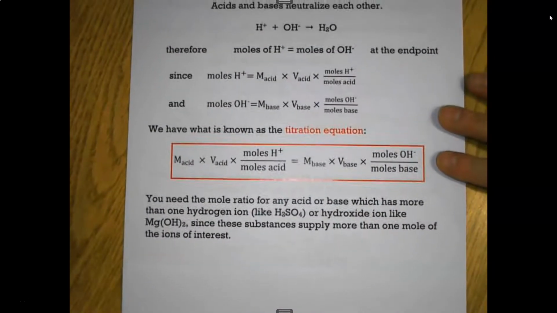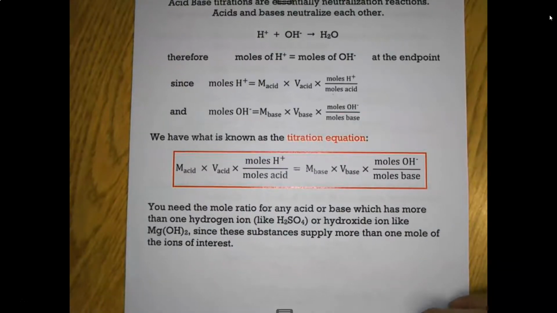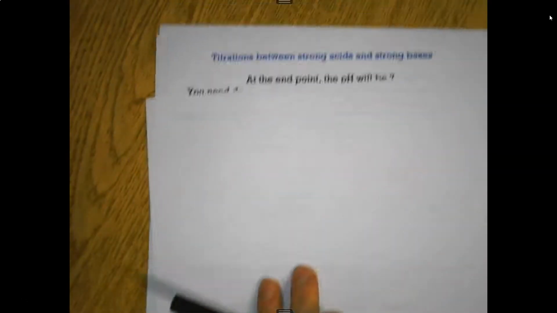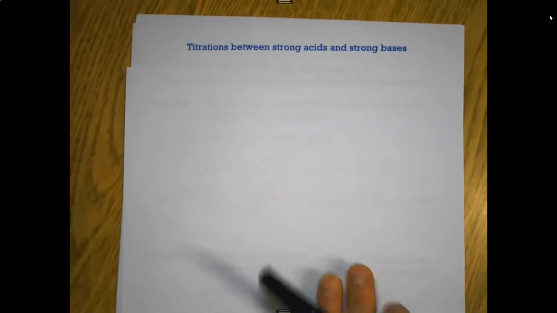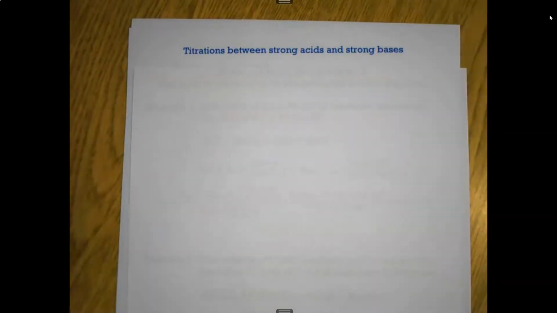What we're going to do now is work our way through 3 different kinds of titrations. The first one is going to be very simple, because the first one is a titration between strong acids and strong bases. So if you remember, a strong acid and a strong base dissociate or ionize 100%.